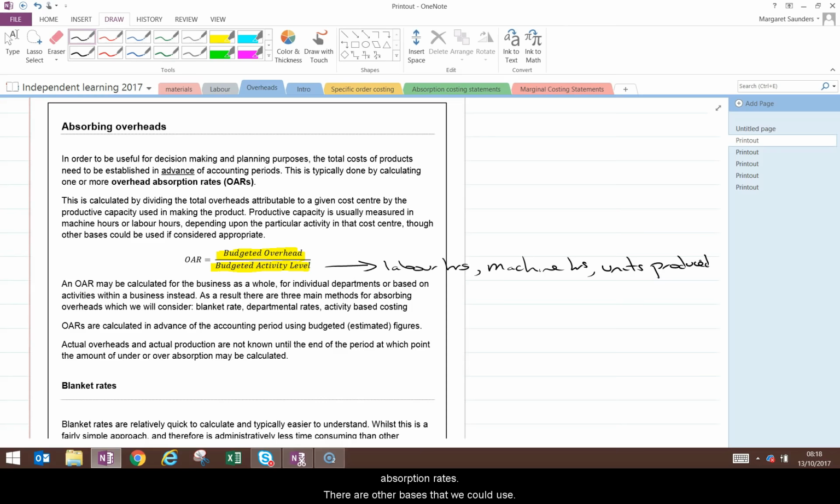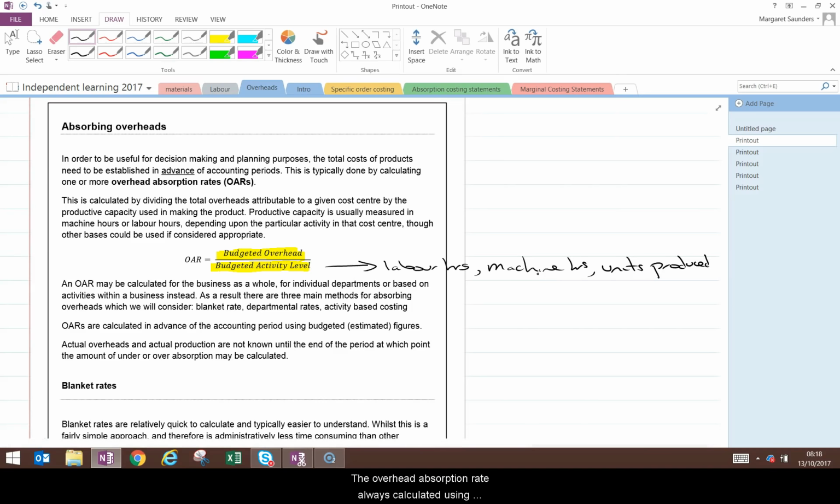There are other bases that we could use. So labour hours, machine hours, units produced, these are suitable bases for calculating overhead absorption rates. But we could use the cost of material. We could use number of miles travelled. It really depends upon what situation we're looking at. But the most common ones are labour hours or machine hours.